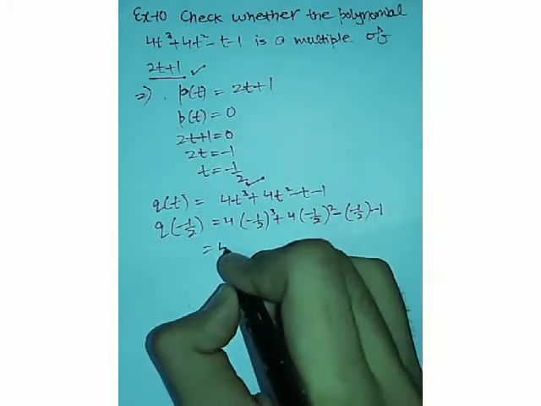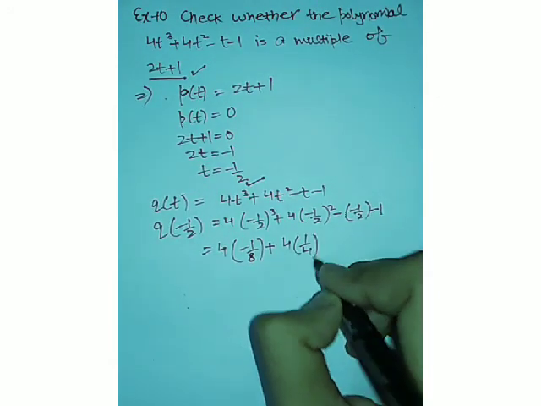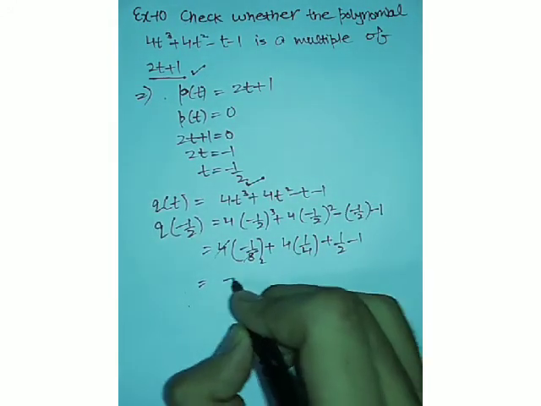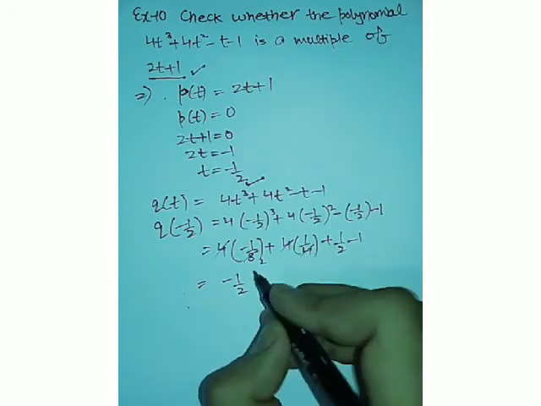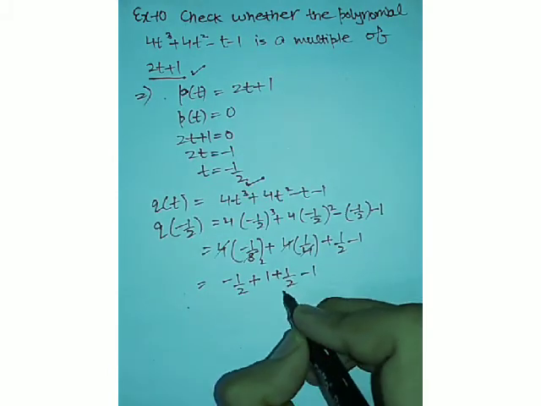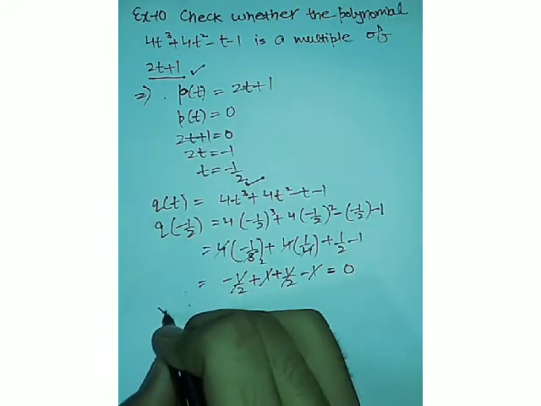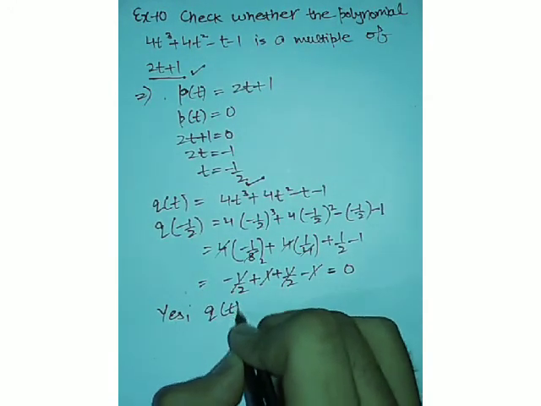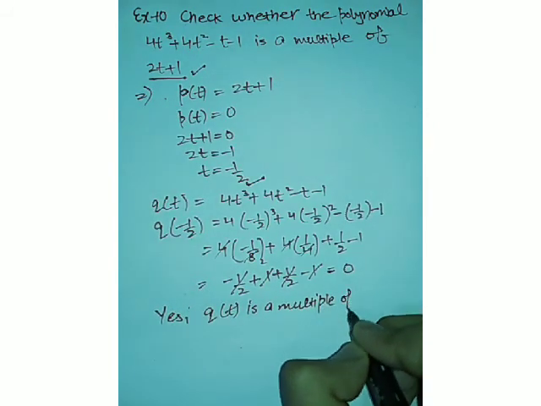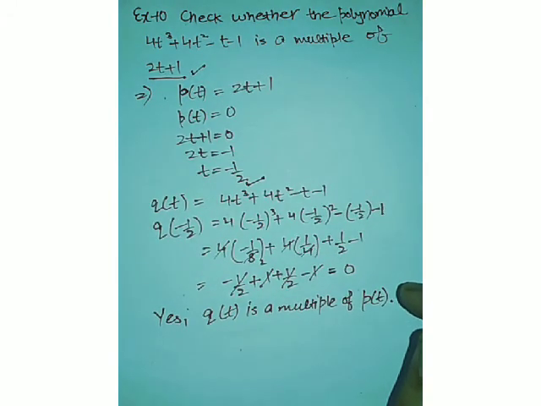That is 4 times minus 1 by 8 plus 4 times 1 by 4 plus 1 by 2 minus 1. 4 twos are 8, minus 1 by 2, 4 fours are 1, plus 1 plus 1 by 2 minus 1. So this will be cancelled and this will be cancelled. Your answer is 0. It means yes, q of t is a multiple of p of t. This is how you have to check whether a given polynomial is a multiple of another given polynomial or not.